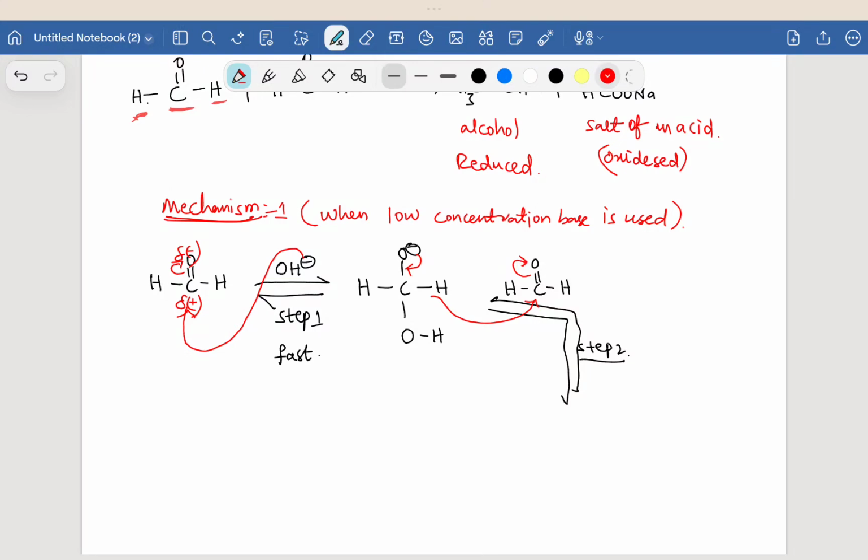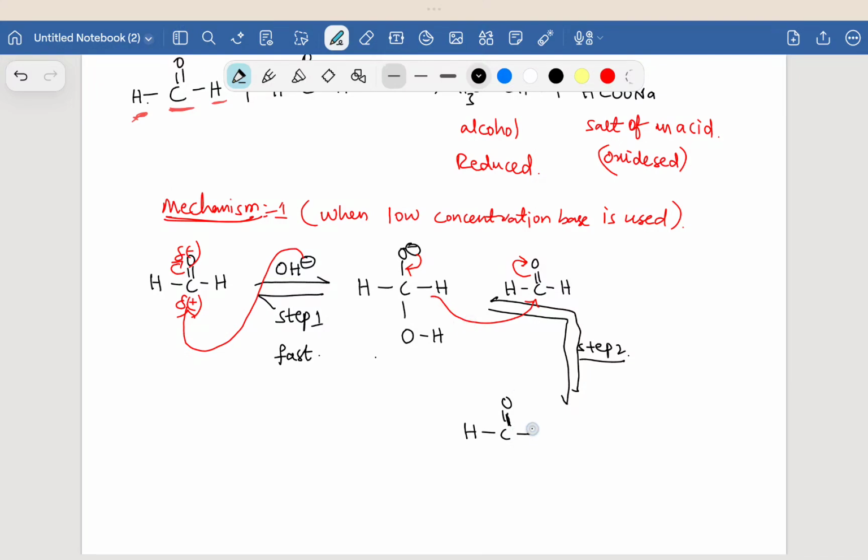Then what will we get? For this one we'll get H C double bond O. Then here we are losing H, right?